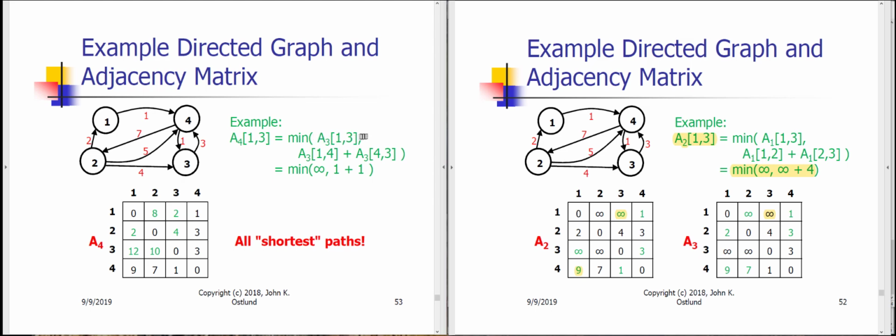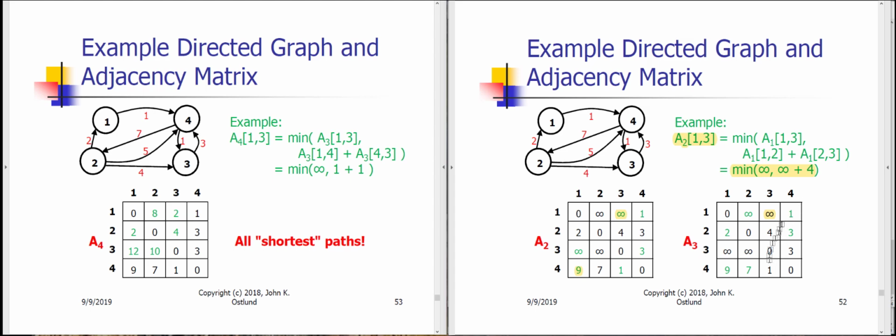So either it's infinite or it's A sub 3 going from node 1 to 4 plus A sub 3 going from node 4 to 3. So in other words, we're getting from node 1 to node 3 intermediately through node 4. Well, let's see. A sub 3, 1, 4 is 1. A sub 3, 4, 3 is 1. Cool.